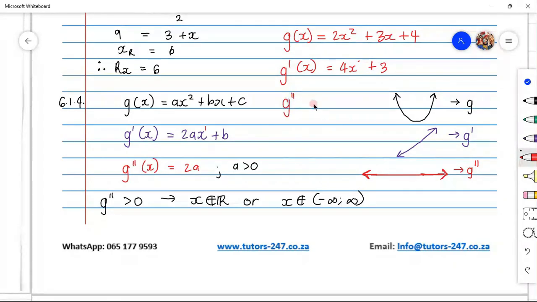From here, if we were to derive it the second time, that is going to give us g second derivative of x equals 4. So as you can see, this is a positive constant. If we were to draw our axis and create our function on the line y equals 4, that is where our horizontal line will be. It doesn't matter what value of a we have, as long as it's positive, it's going to be within the positive area of our y-axis when we find the second derivative.